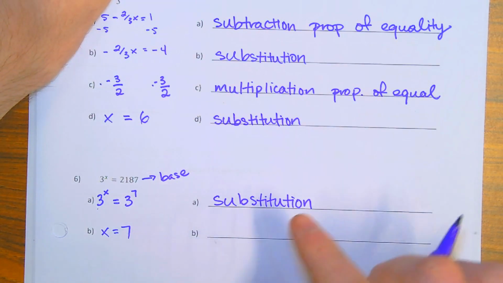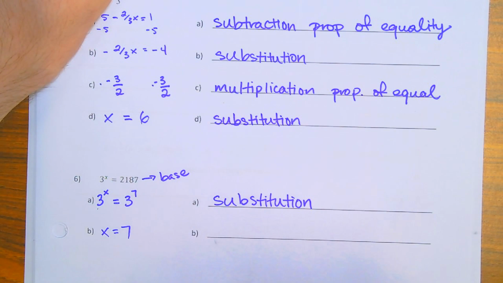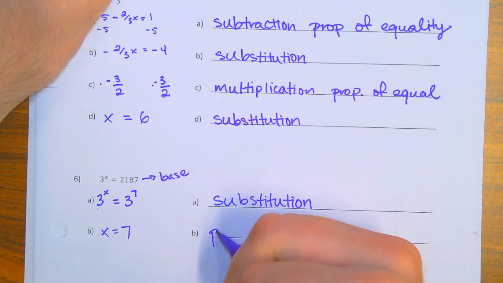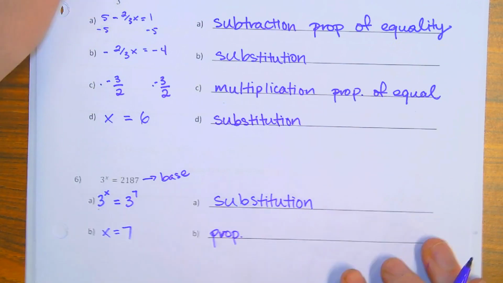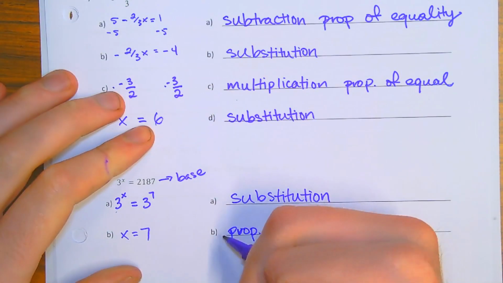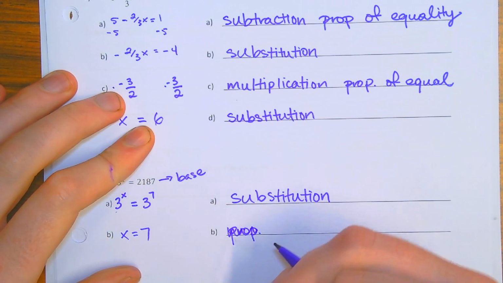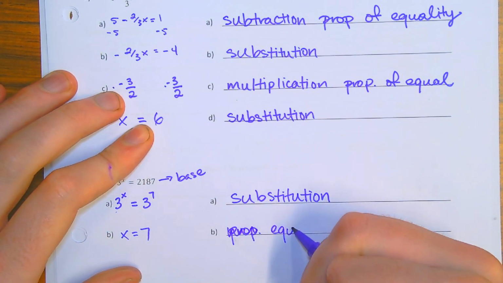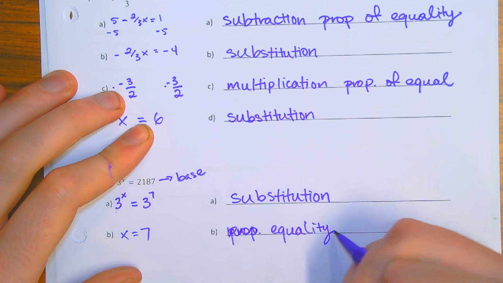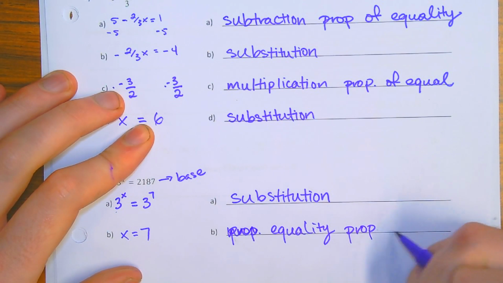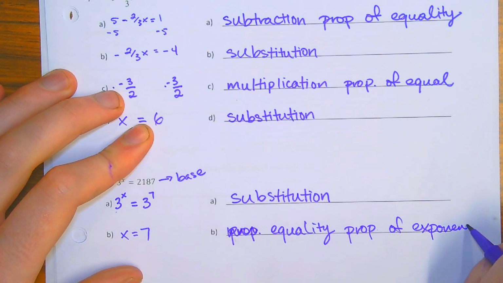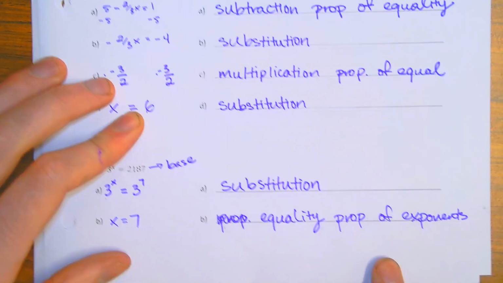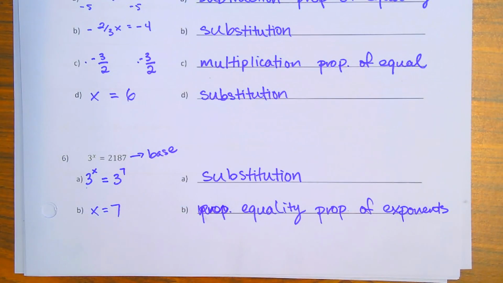Now what about our second? Well, what kind of property did we use? Well, no, I shouldn't say it's a property. It's the equality property of exponents. Okay, that is what we're looking at.